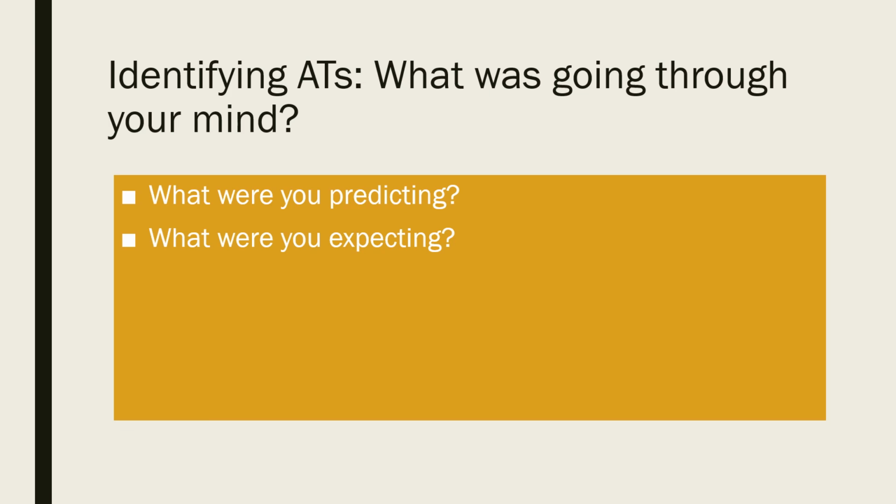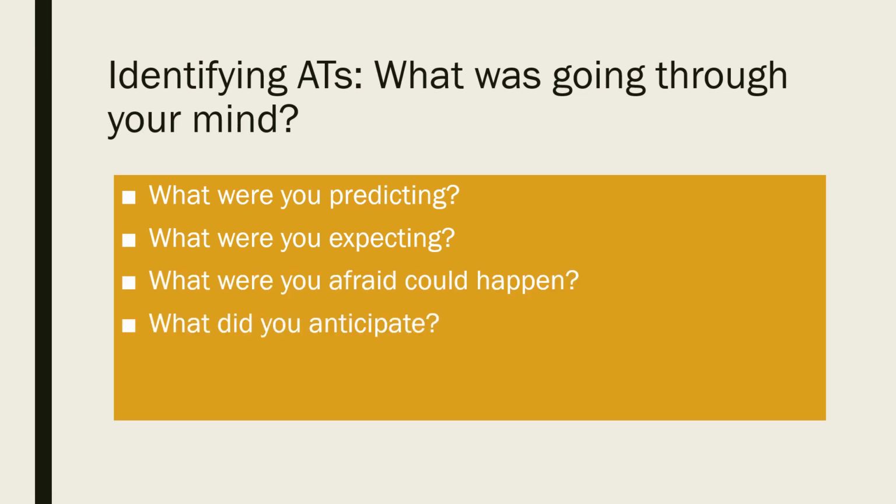What were you expecting? What were you afraid could happen? What did you anticipate? What were you imagining? All these different variations of questions could help the client to identify the worst case scenarios that they were predicting.